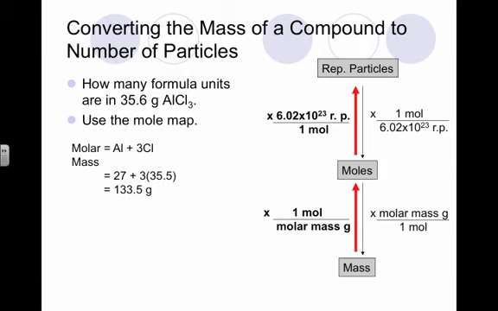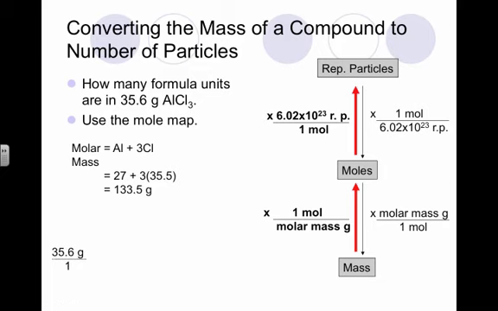So again, with the previous step, we've got our ratio for the individual elements of 1 aluminum, 3 chlorine. We look up the periodic table for their individual atomic masses, so we get 27 for aluminum and 35.5 for the chlorine. You multiply and add and get your 133.5 grams per mole of aluminum chloride.